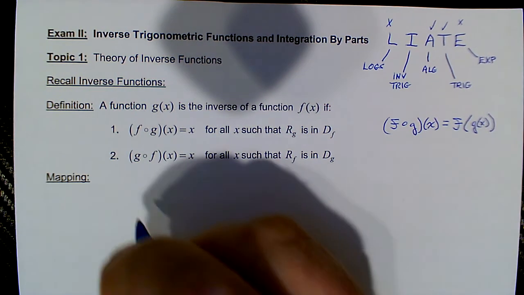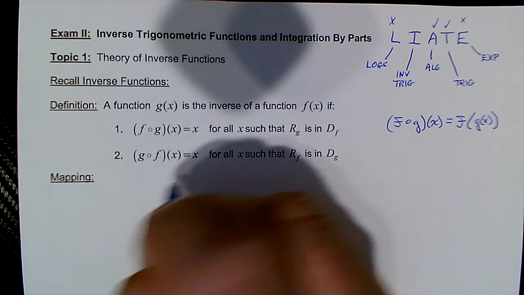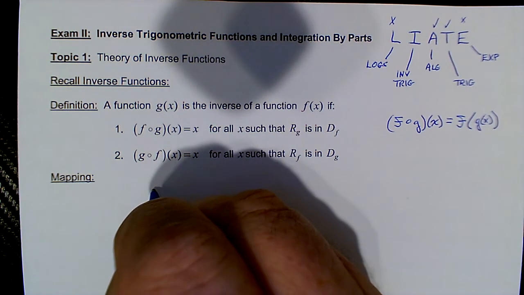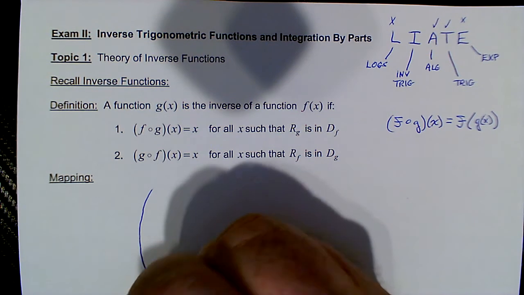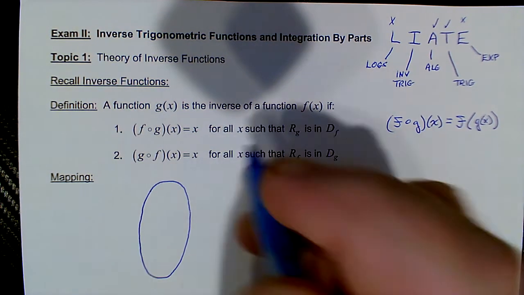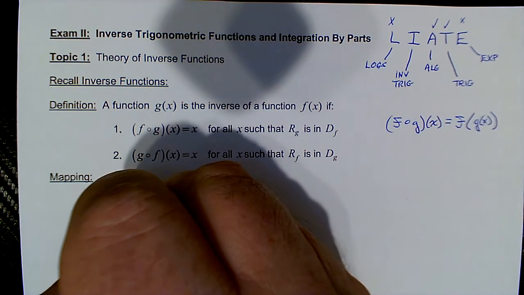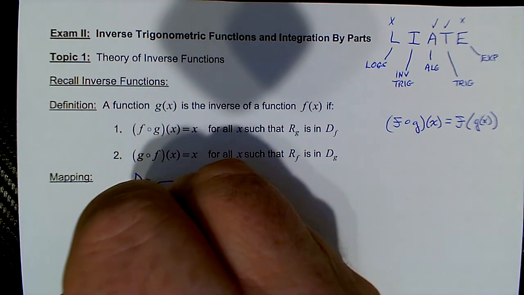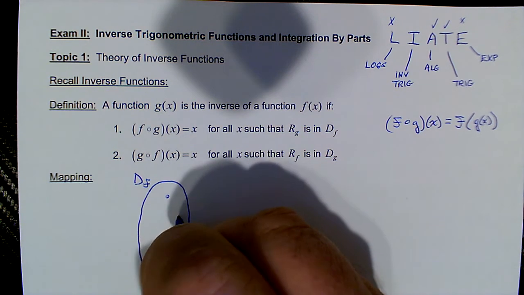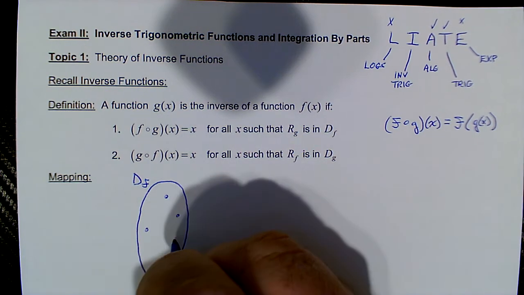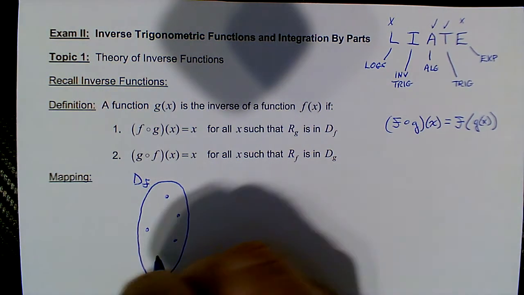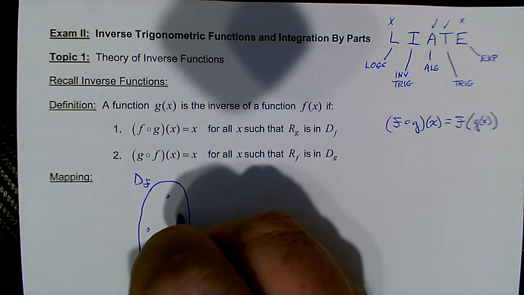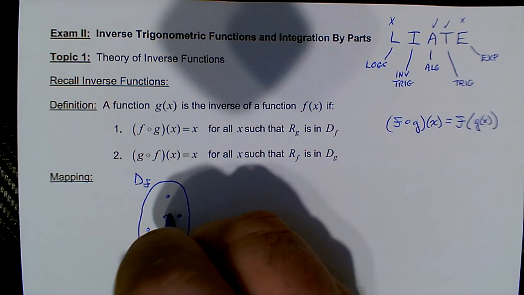So we talked about this concept as well, mapping. If you have, let's say, an oval that represents a set, and we'll call this the domain of the function f. And there's a bunch of elements in this set. You can picture them as little dots. Let's just focus on a general element, call it x.